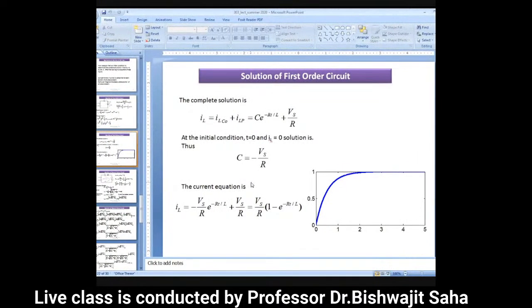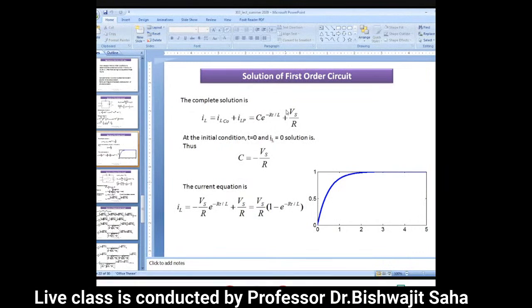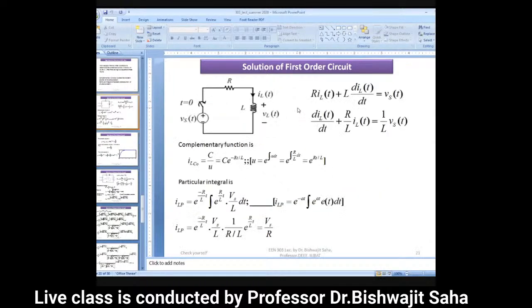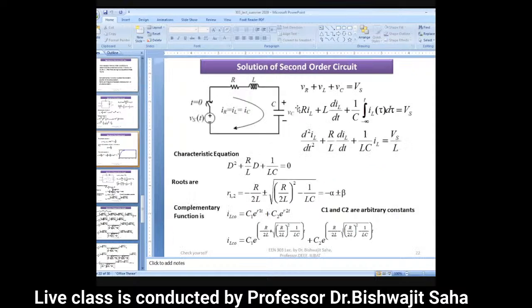Now you will see another problem that is more interesting, very interesting. Second order differential equation and second order circuit. This is very, very interesting and very complex.